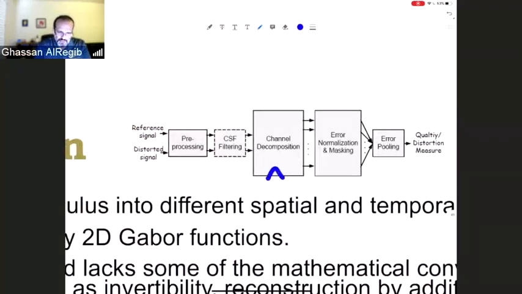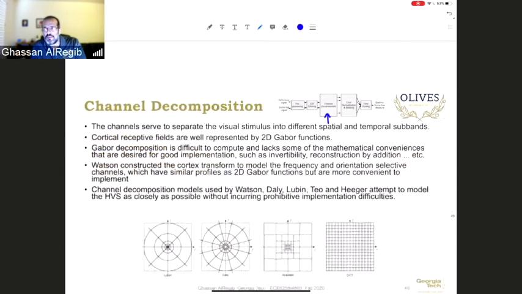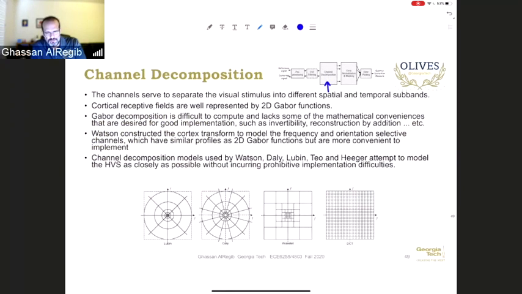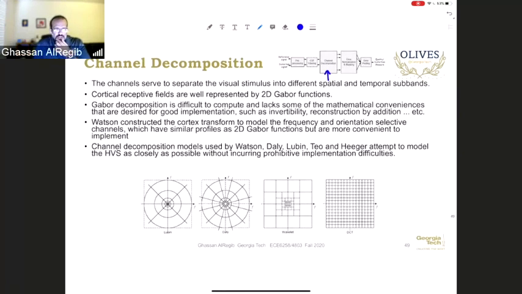The channel decomposition. In channel decomposition, what we are really interested in is to decompose and separate the visual stimulus into different spatial and temporal subbands.